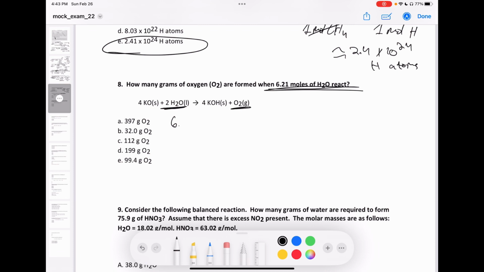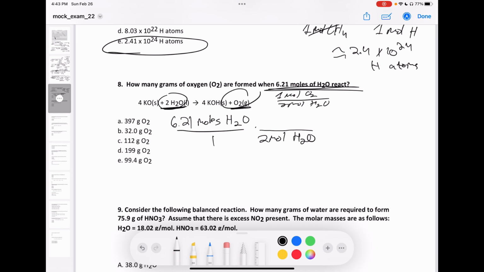Always start with your given in stoichiometry: 6.21 moles of H2O. Then you use that internal mole ratio of 1 mole O2 per 2 moles of H2O, because we looked at that.